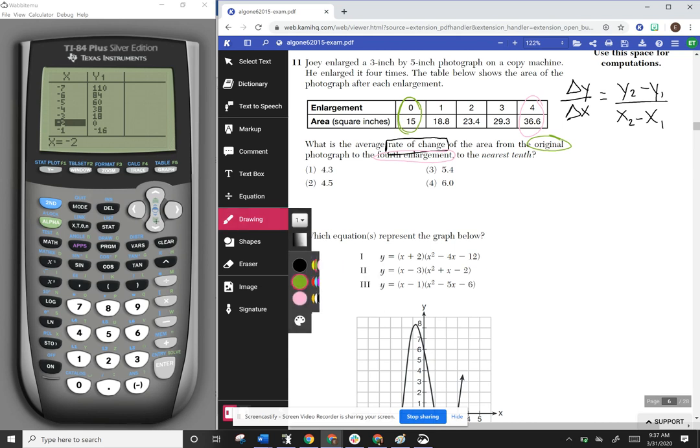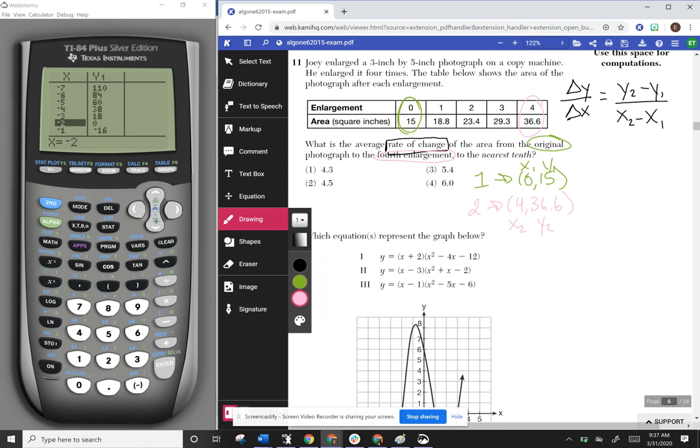So this means that point 1 is going to be 0, 15, and point 2 is going to be 4, 36.6. And it can be helpful to label this. So for 1, that's going to be x1, y1, and for 2, that's going to be x2, y2. So we're going to subtract the y's, we're going to subtract the x's, and we're going to divide.